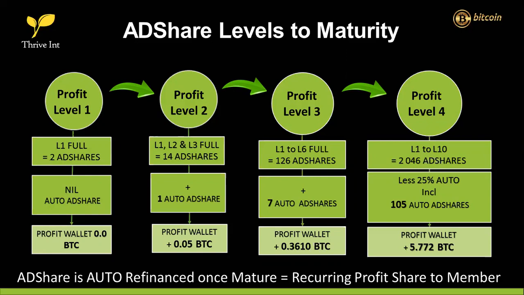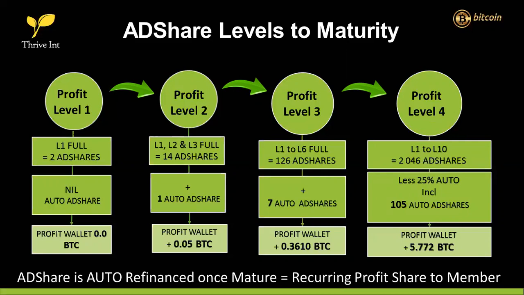And every Adshare in your structure that reaches maturity will also follow you into cycle number 2, meaning that you only have to build a structure of 2,046 Adshares once, and they keep on following you into the next cycle. And when you complete cycle number 2, it goes on into cycle number 3, and then cycle number 4, and it goes on into infinity. And that's the power of this force matrix structure.